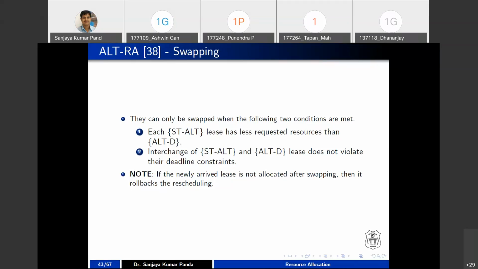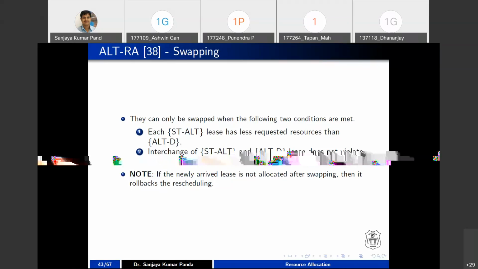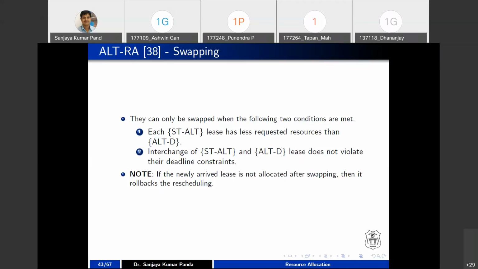And second, the interchange of STLT and ALTD leases should not violate the deadline of the leases. The swapping will not violate this, otherwise it is difficult.